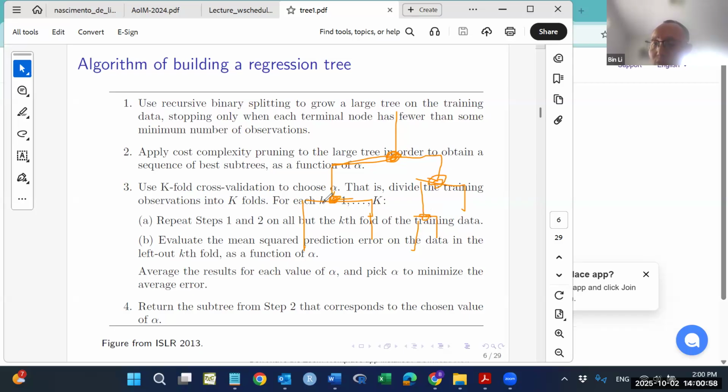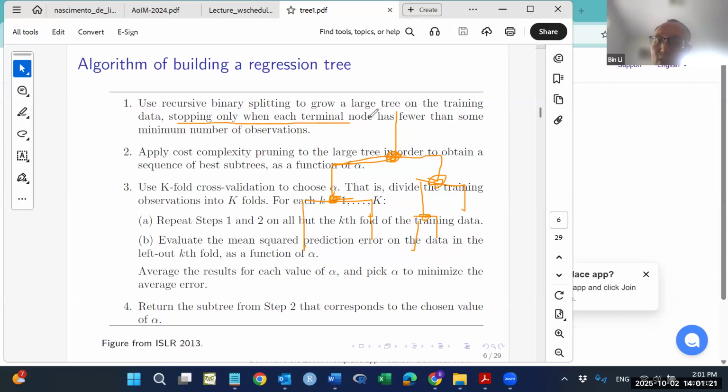So you can see to construct a tree, we only need one algorithm to do the binary splitting, and we repeatedly apply this binary splitting algorithm. Okay, but the question is, when should we stop?